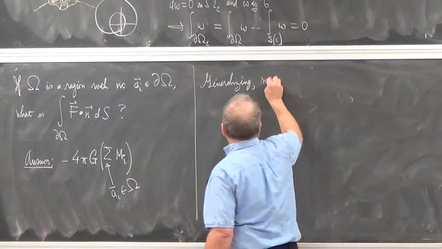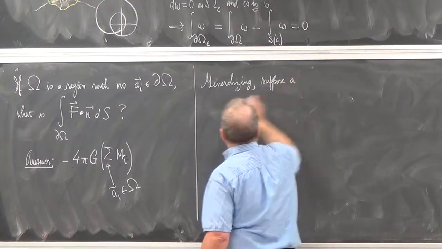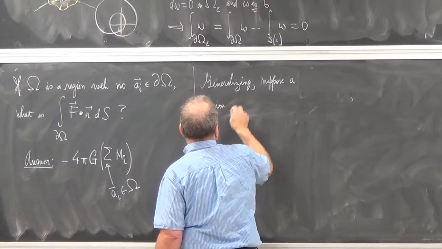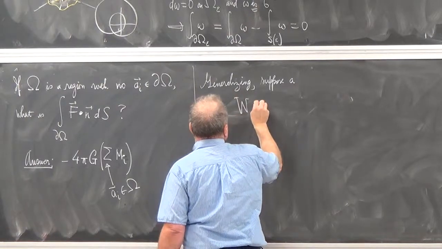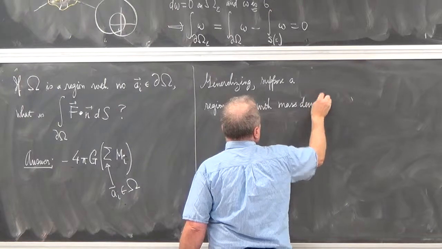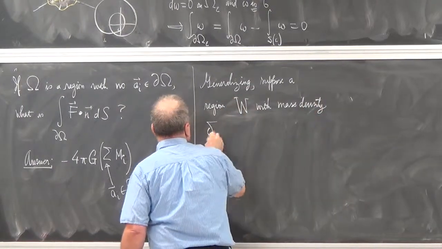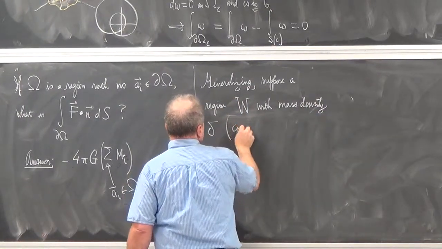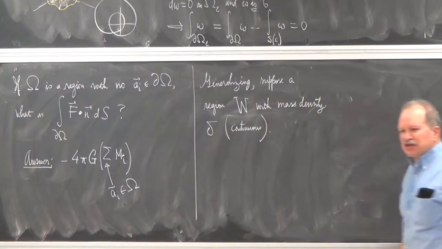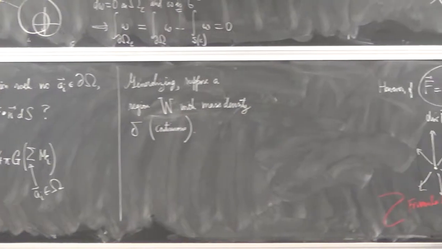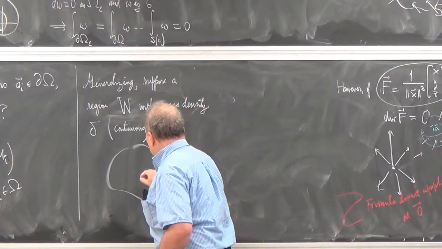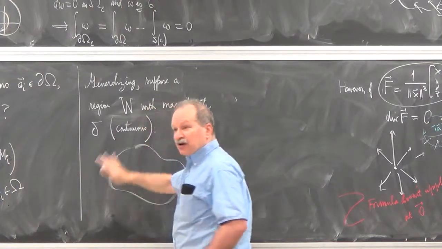Suppose I have a region, let's say W, with mass density delta. And let's just for the moment assume it's continuous. So instead of having point masses, I'm thinking of having a region of mass with varying density function.